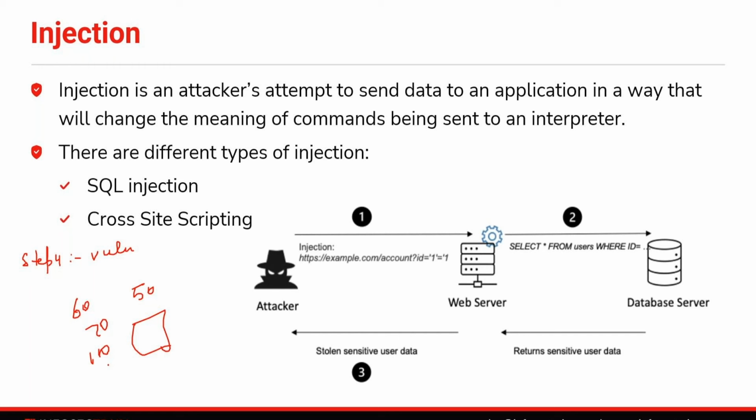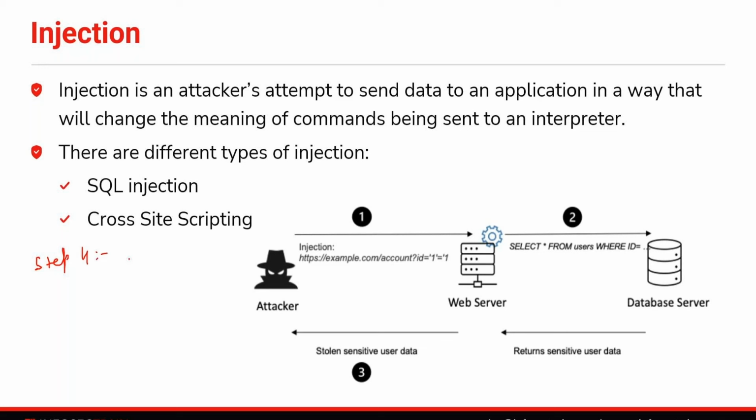Then you can start decreasing it, you can write 109, 108, or 101, then you can write 100. Like this you have to write. An error will come, and according to that you have to change the number.